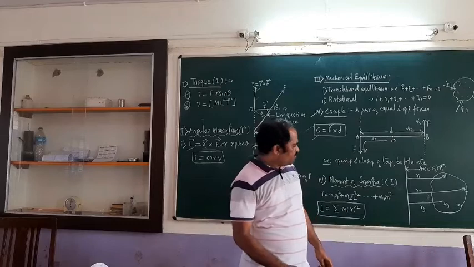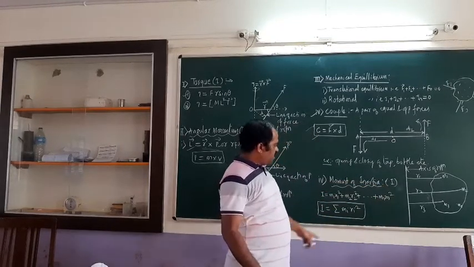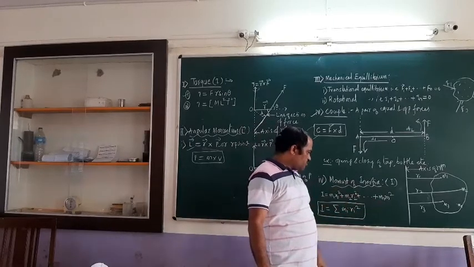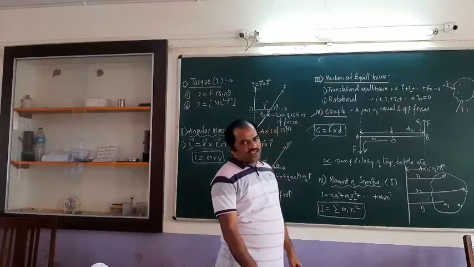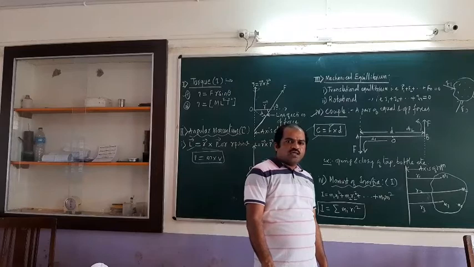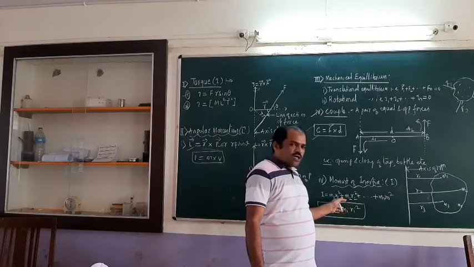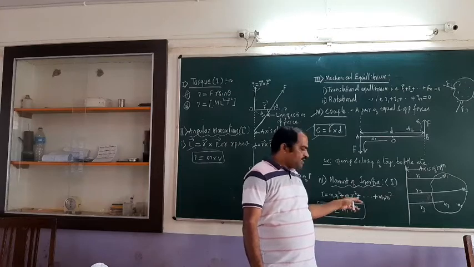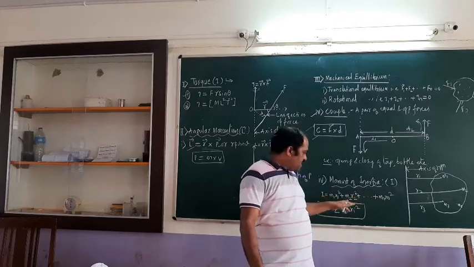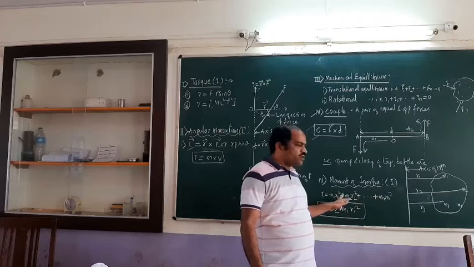Moment of inertia is represented by the symbol I, where I is equal to m1 r1 square plus m2 r2 square plus so on up to mn rn square. The meaning of this is that moment of inertia is the sum of the product of the mass of all the particles of the rigid body and the square of their perpendicular distances from the axis of rotation.